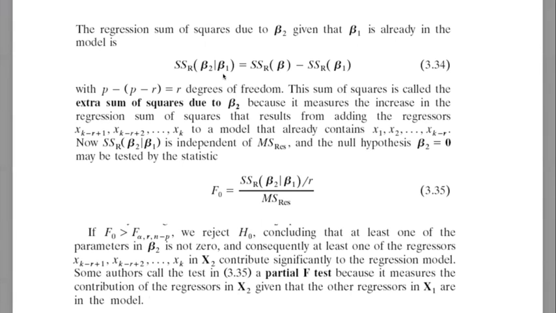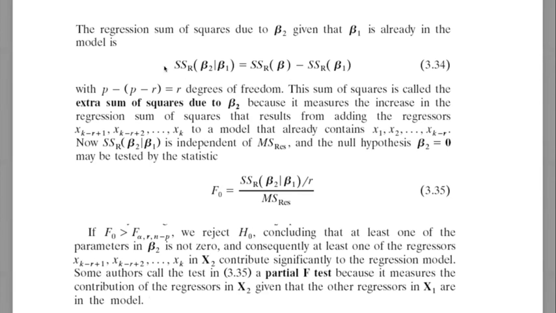In words, we describe this as the regression sum of squares due to beta 2, given that beta 1 is already in the model. And so the test we are performing here is a conditional or a partial test, and that's reflected in how we're describing it and in this notation.